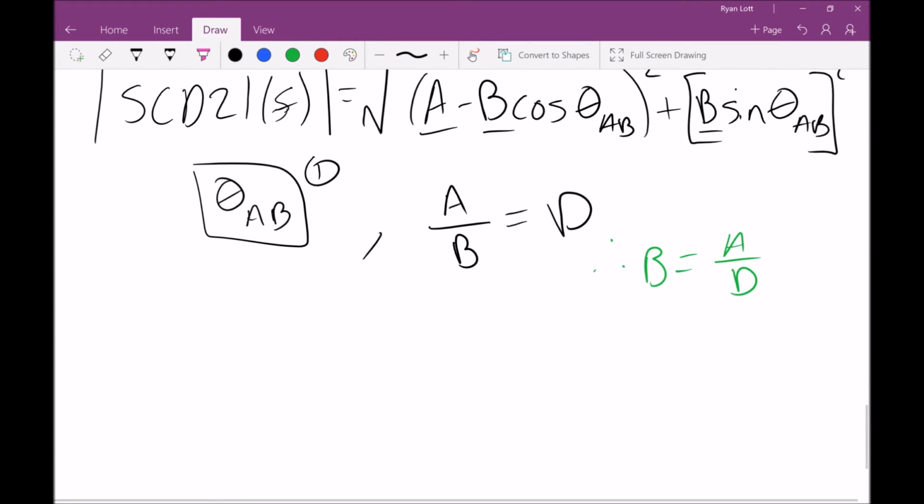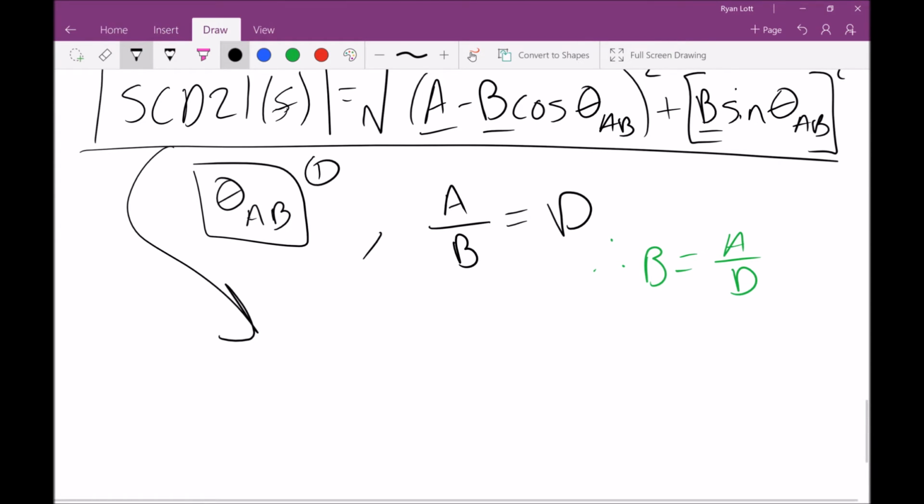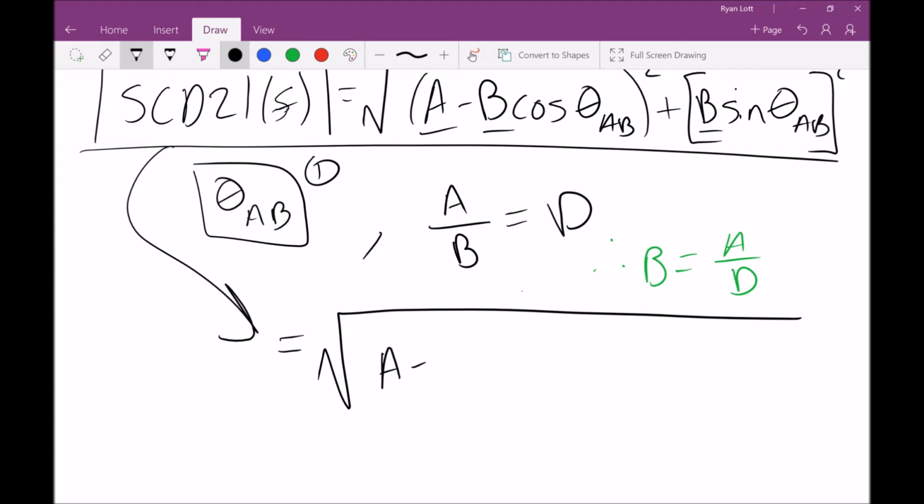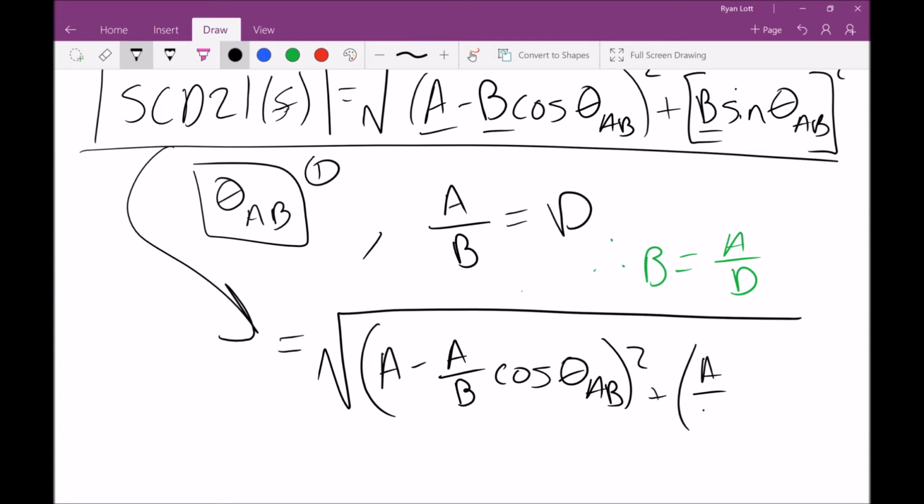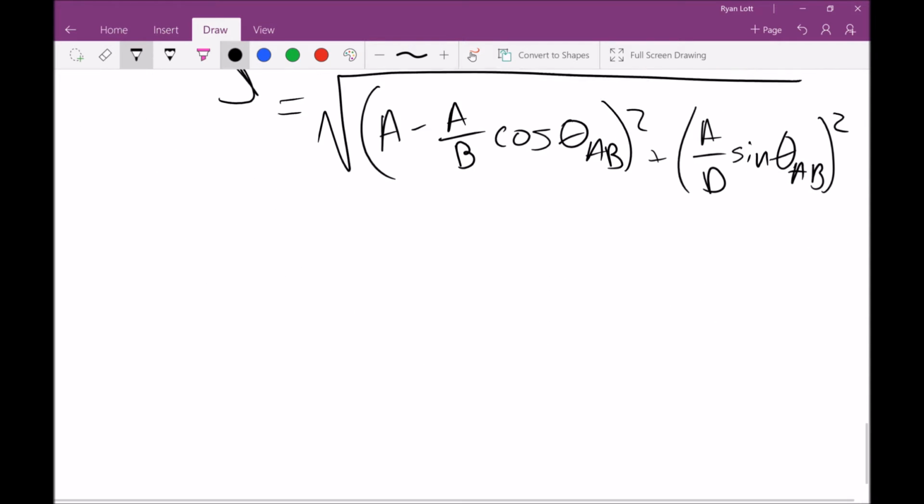Now this is where it gets juicy. Let's bring our formula here and simplify it further. Now the magnitude of SCD21 is equal to the square root of (A minus A divided by D cosine theta AB) squared plus (A divided by D sine theta AB) squared. Great. And we're going to do this step by step.